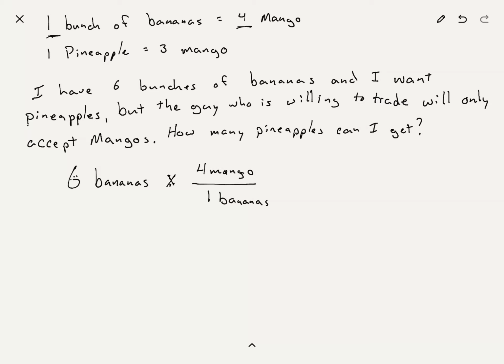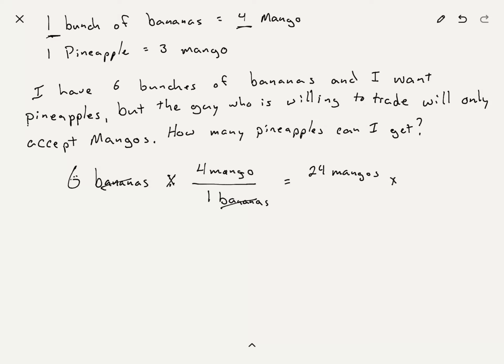This is bunches of bananas. And that's our conversion factor there. It will tell me how many mangoes I have. So I can get 24 mangoes because our bananas will cancel out.